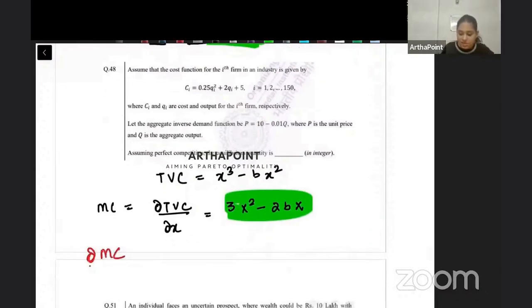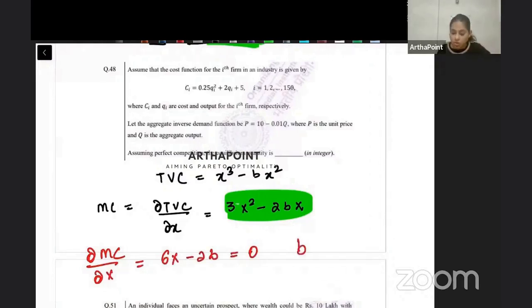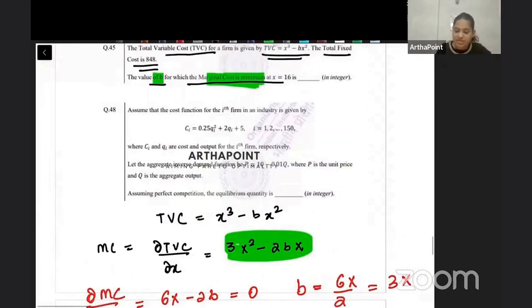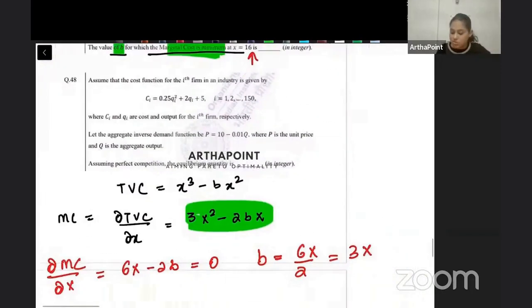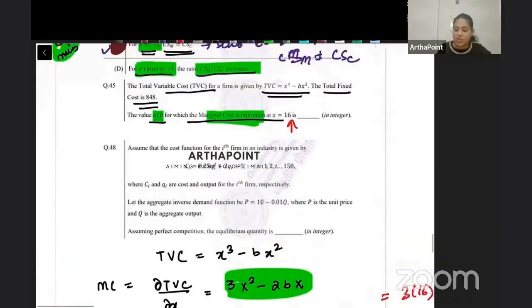D of MC by dx, I will get as 6x minus 2b. I will equate this to 0. So B will be 6x by 2, which will be 3x. And x is given to me as 16. So this will be 3 into 16, 48, and that is the value.